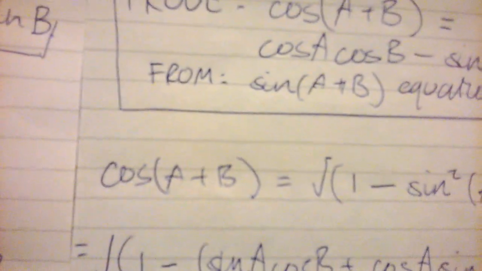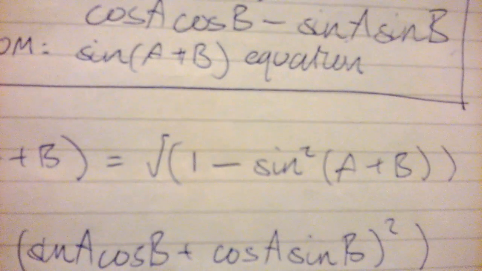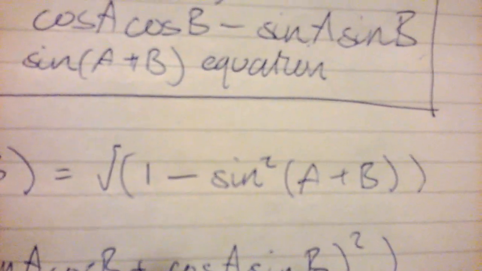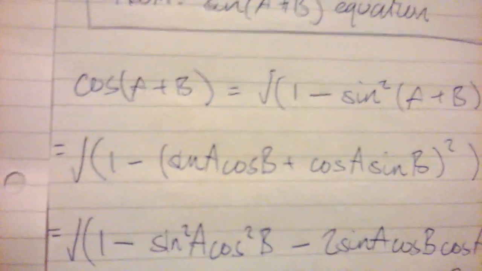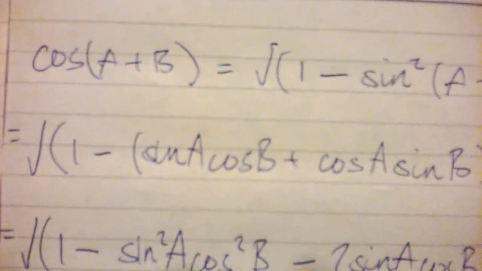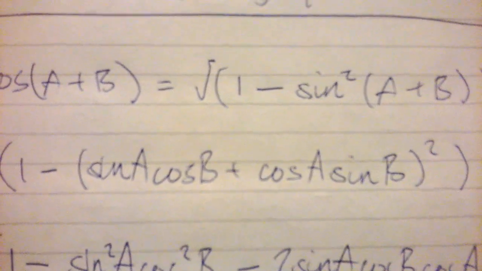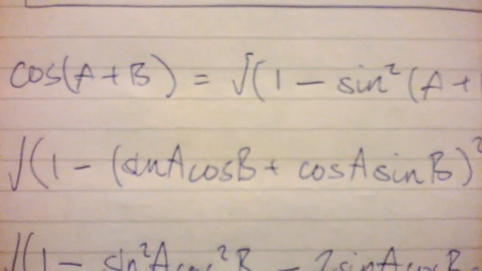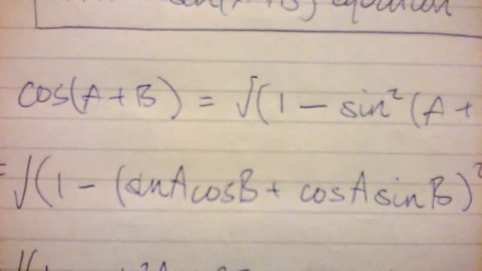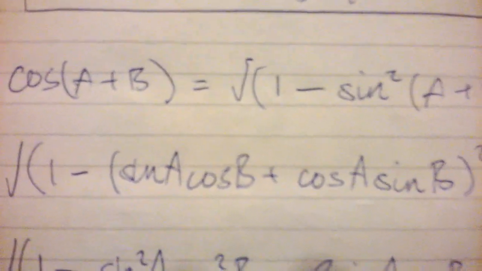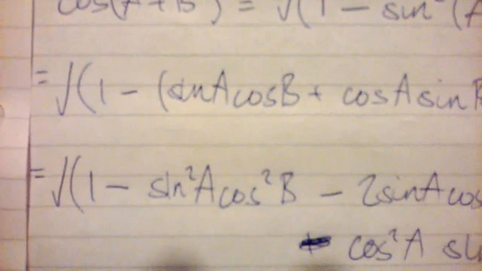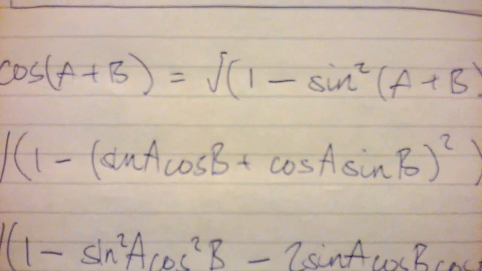So I'm saying cos(a+b) is the square root of 1 minus sin squared (a+b). So it's the square root of 1 minus the expansion of sin(a+b) all squared. The expansion being the one that we just showed from the other sheet, but I've got a more detailed video on. So that's that previous function squared.